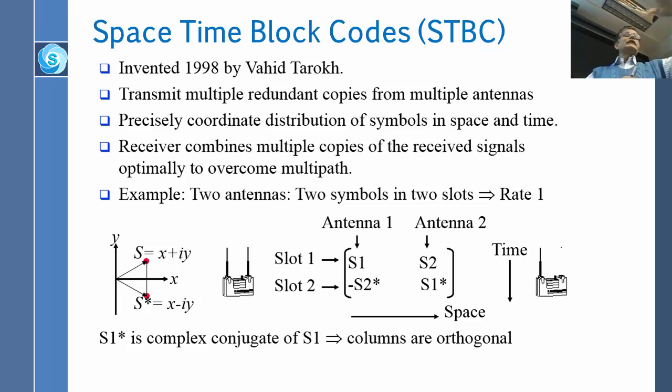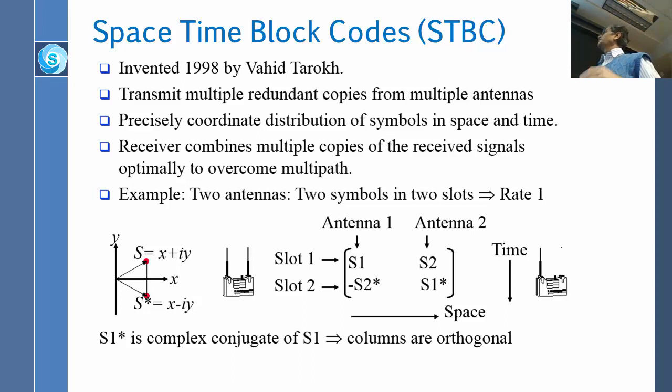If the amplitude is A, then A sine theta would be the vertical part, A cos theta would be the horizontal part, something like that. So theta is the phase. You put every symbol as a complex number, and you do the complex conjugate, and sometimes you have to multiply with minus, in which case it will be minus X plus, okay?